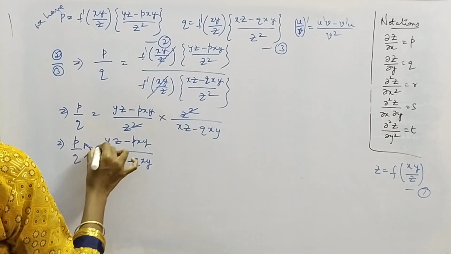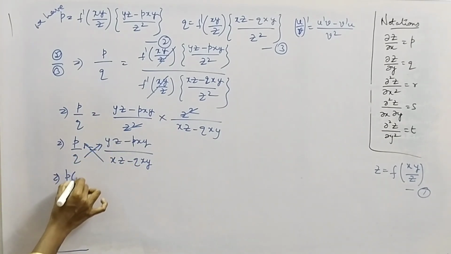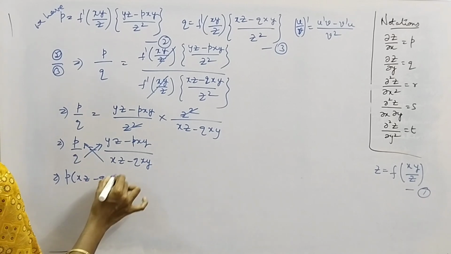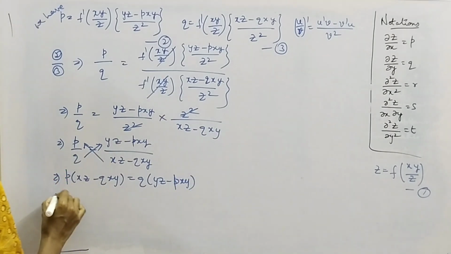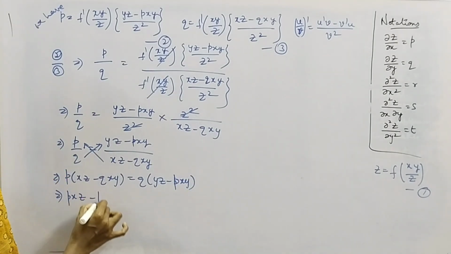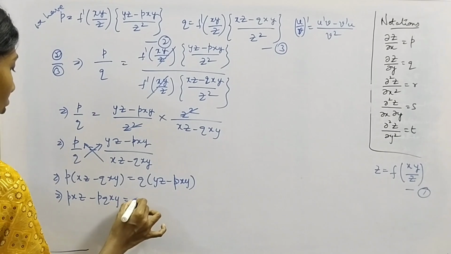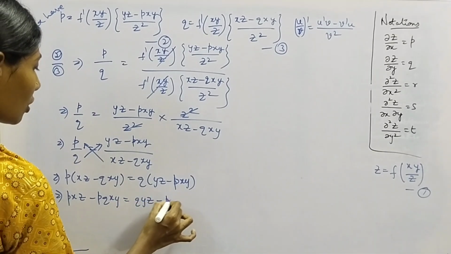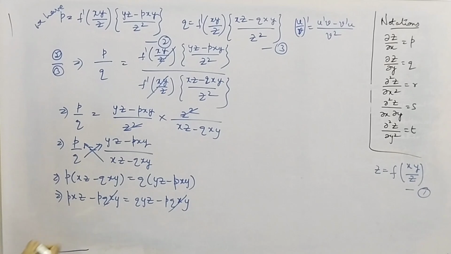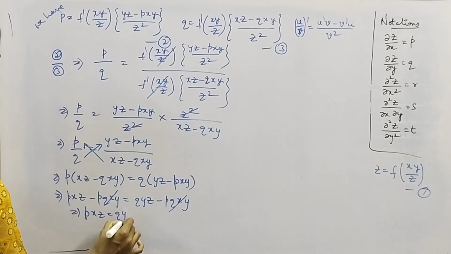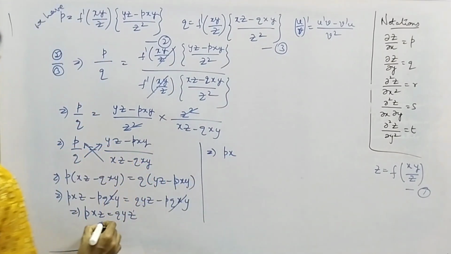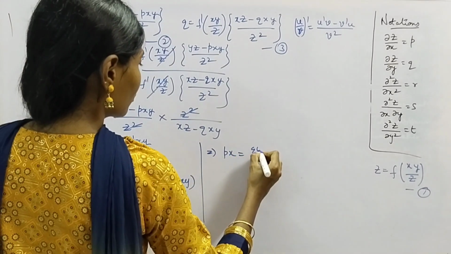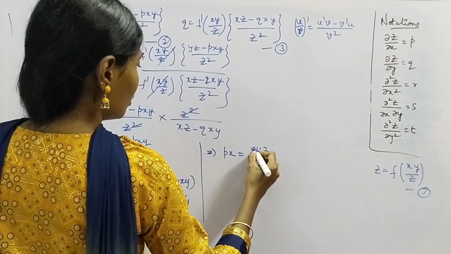Just simplify it by making a cross multiplication. p times xz minus qxy equal to q times yz minus pxy, which gives us pxz minus pqxy equal to qyz minus pqxy, where minus pqxy gets cancelled, and we'll get pxz equal to qyz. Take this z to the RHS and cancel it happily.